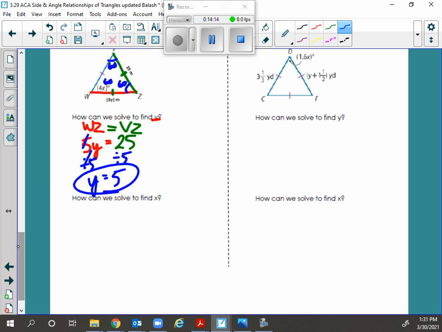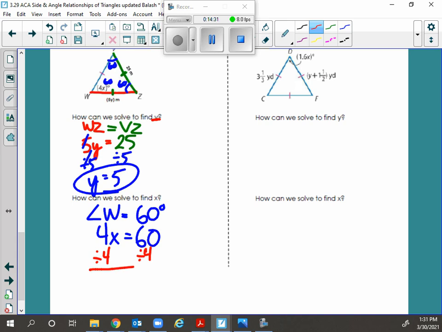So if I want to find angle W, I know that it has to equal 60 degrees. Angle W can be replaced by 4x equals 60. To find x, you simply divide by 4 on both sides. Cancels those out. X by itself will equal 60 divided by 4, which is 15.